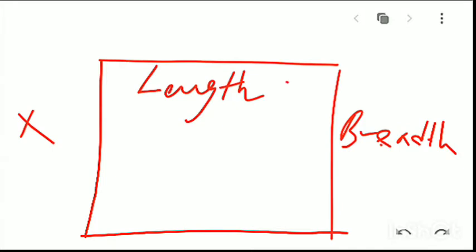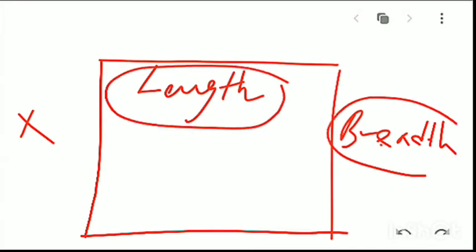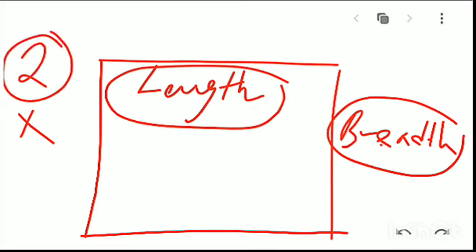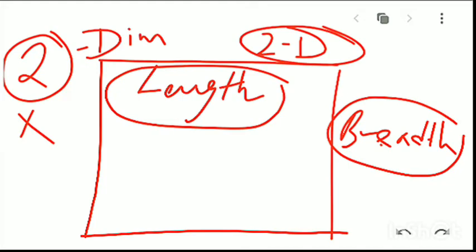Two. One is length, another is breadth. So I require two coordinates to express a square or a rectangle or a parallelogram or a rhombus. So these quantities will be called two-dimensional, that is 2D figures.